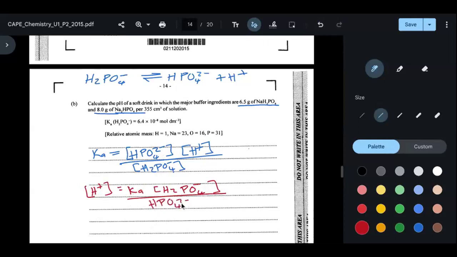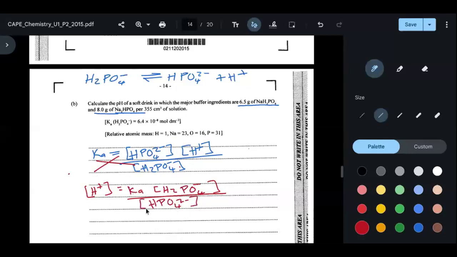Normally they would give you the concentration in moles per dm cube already. So you would cross multiply: this comes over here and Ka times this comes here. If you want hydrogen by itself, you would divide by this.